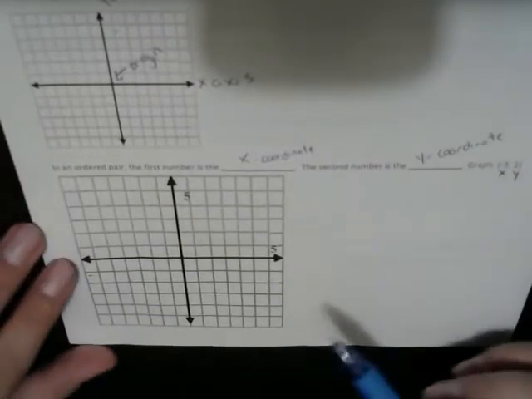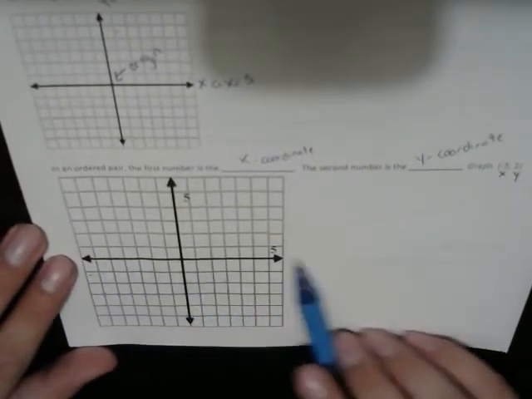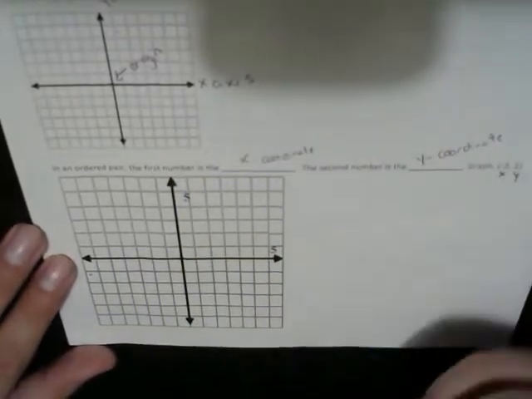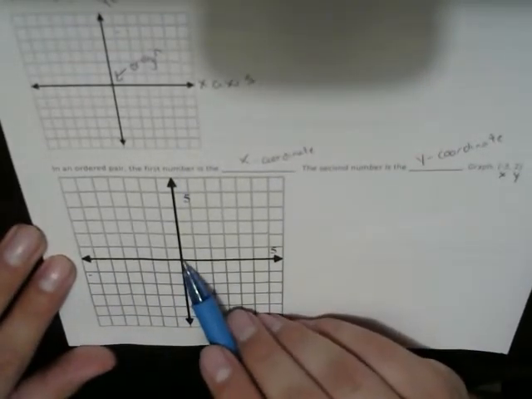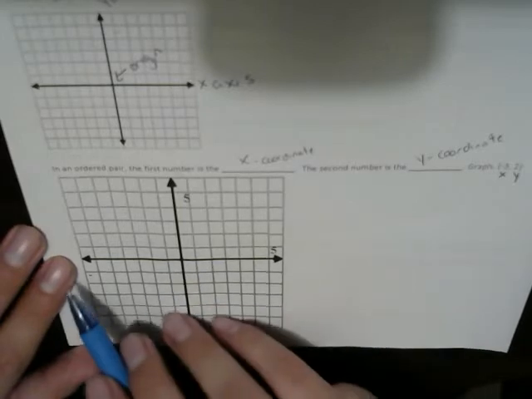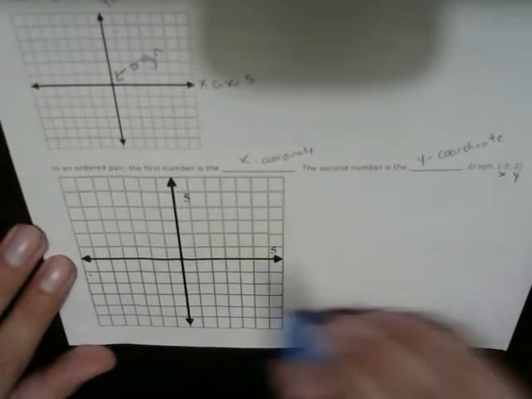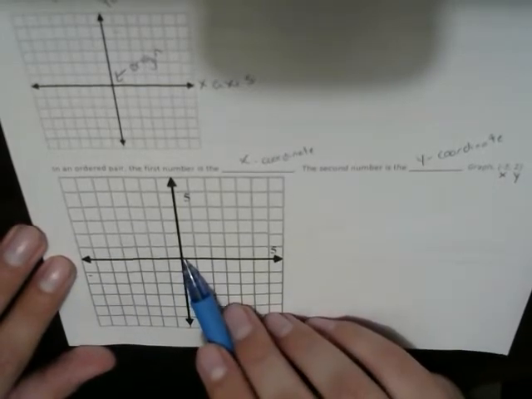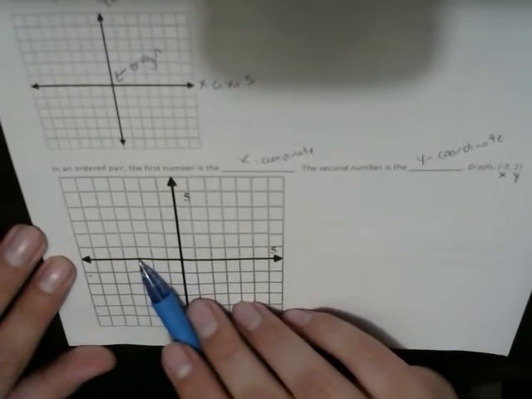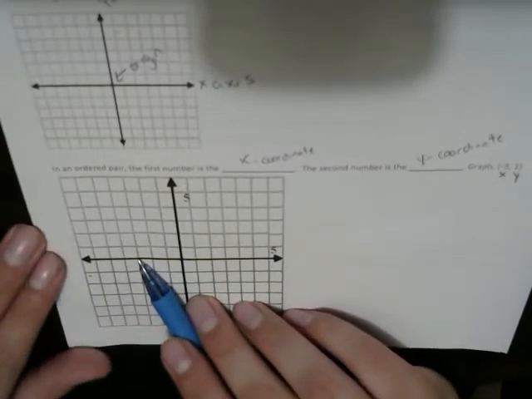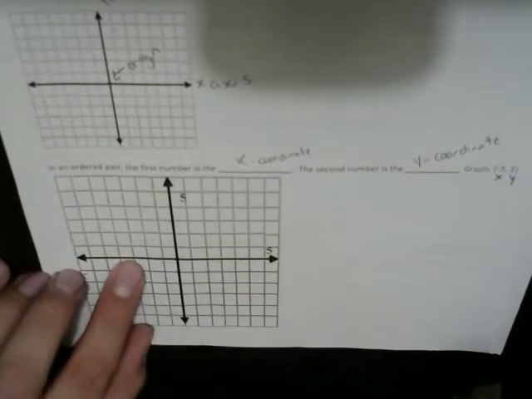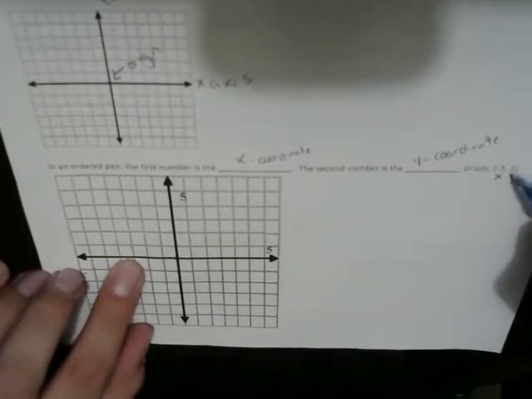So this is what we're going to do. We're going to look on our graph. This is the x, this is the y. We're going to start at 0. Now since this is always negative and we have a negative 3, we're going to go over 3: 1, 2, 3. Right here is negative 3. Now, the y is 2.